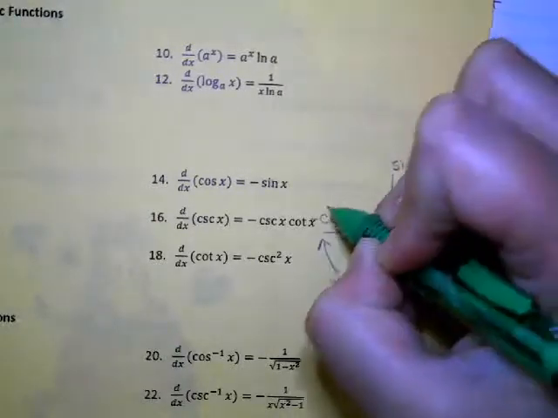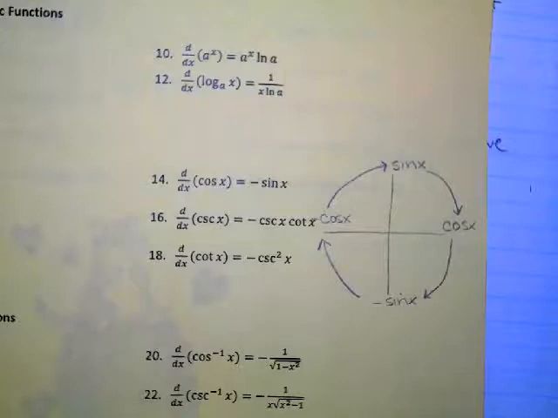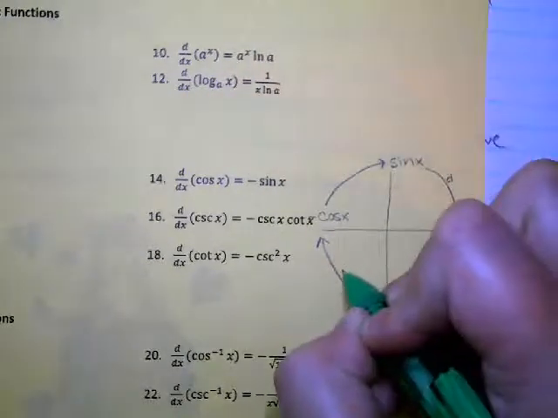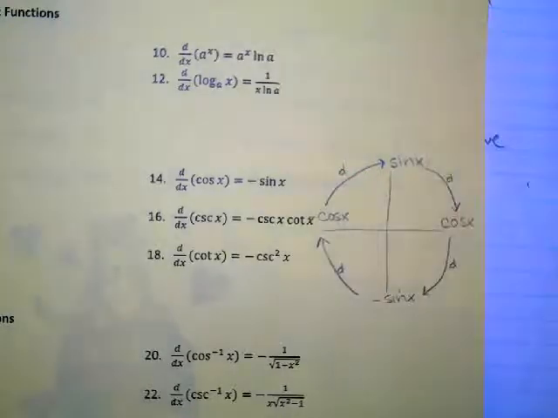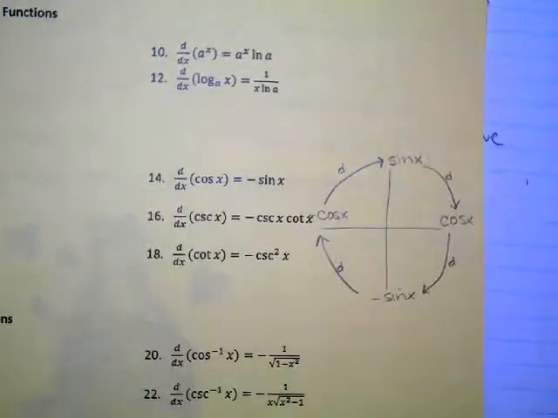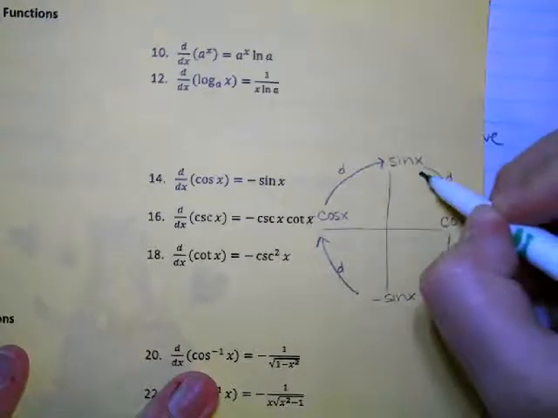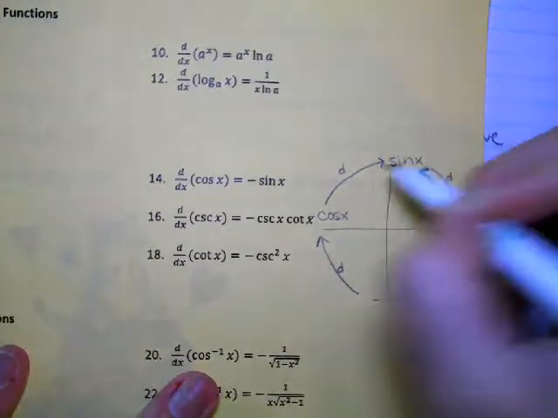Okay, so I'm going to put a little d next to that right now so I can remember derivative, derivative, derivative. And now I'm going to go back in with another color. And integration goes the opposite way. It goes backwards.